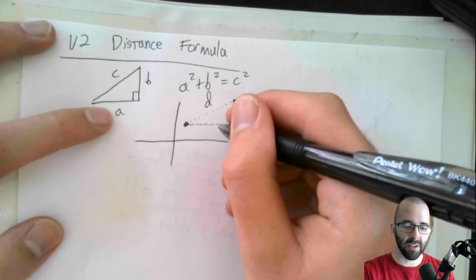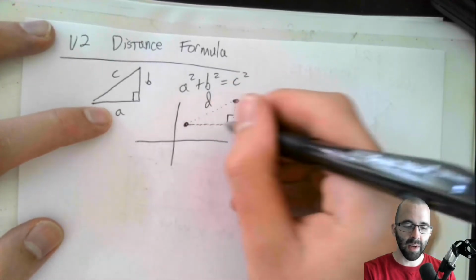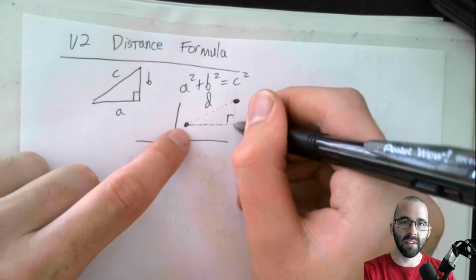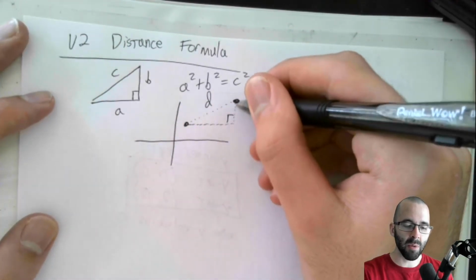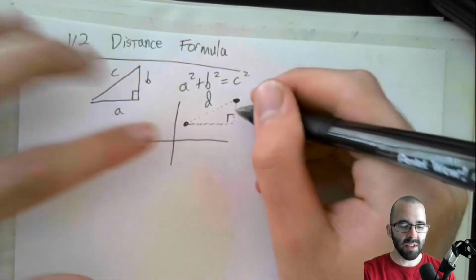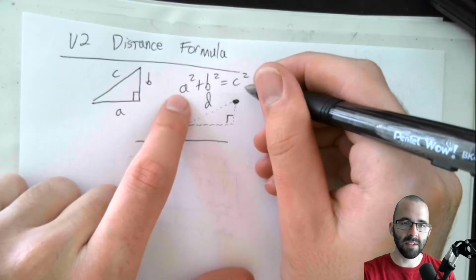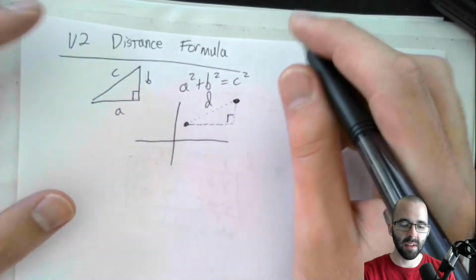Okay, so we have to find this length. This is our a value. Well, this length is just going to be how far apart are their x coordinates. This length right here is how far apart are their y coordinates. And you essentially turn this into the Pythagorean theorem.